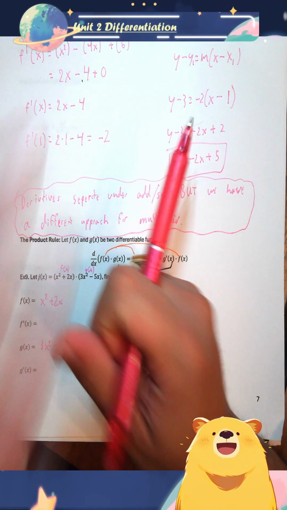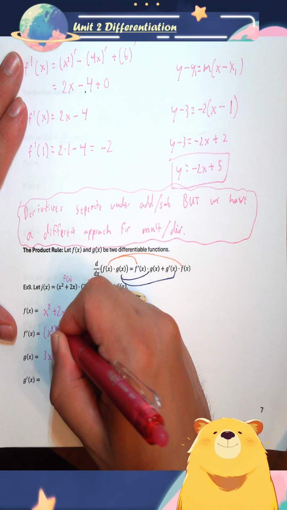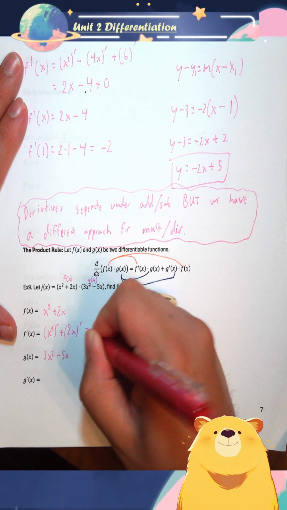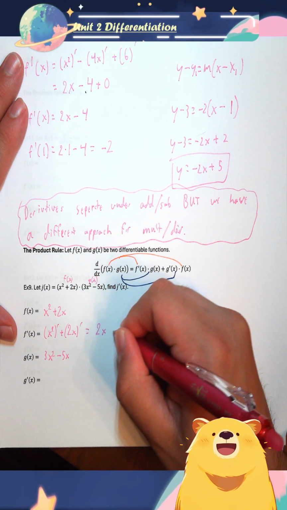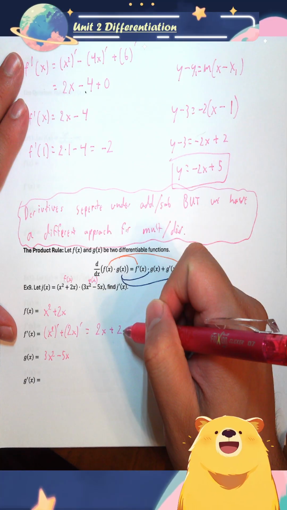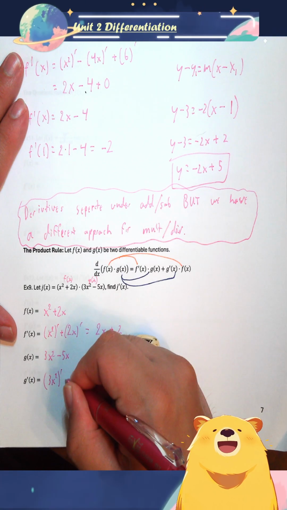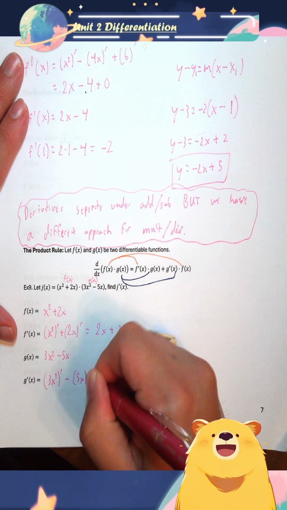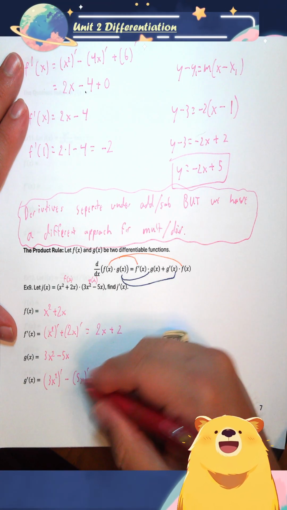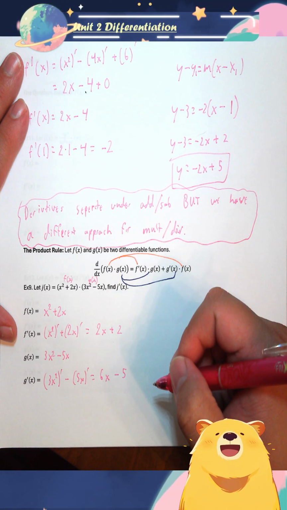Sorry, I'm already so used to the trick. It's going to be x squared prime plus 2x prime, which we know is just 2x, and then the derivative of 2x over here is just 2. A similar feature occurs here. We know the derivative of that is going to be 6x, and the derivative of this is going to be 5, but it's minus in front of it, so minus 5.